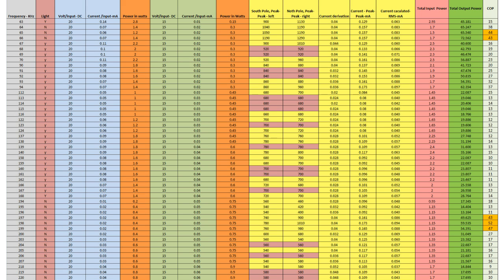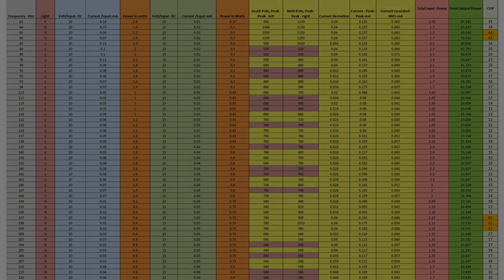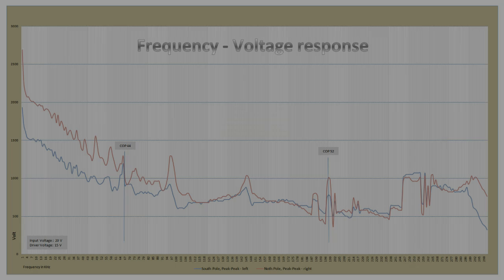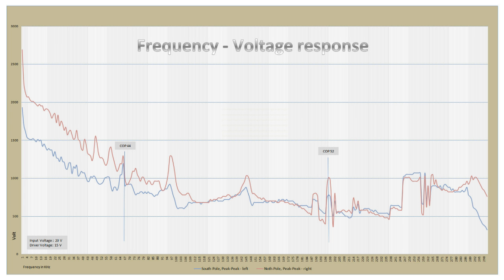So going over to my next chart, the voltage chart. Here you see the plotted voltage chart for both ends of the bipolar Tesla coil.